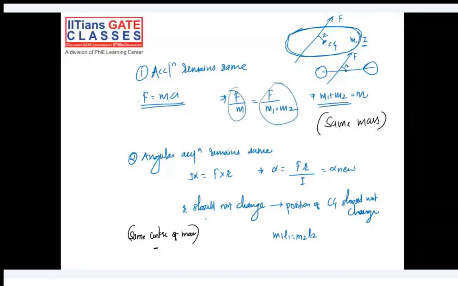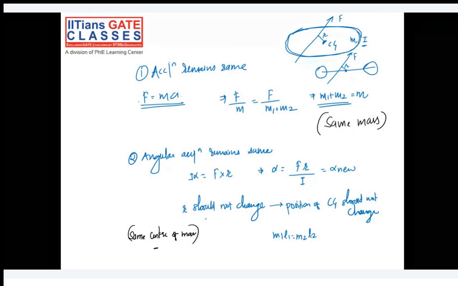We cannot change the external condition. External force F is the same. So m1 plus m2 has to be equal to m. This is how the same mass condition is derived, from the same acceleration, because it's a dynamically equivalent link. Whatever dynamic effects our original system is feeling, the DEL should also feel the same.